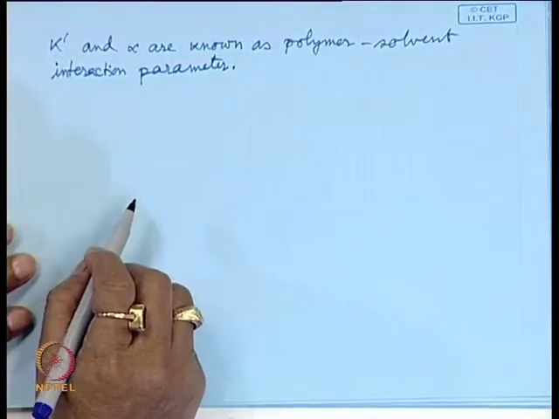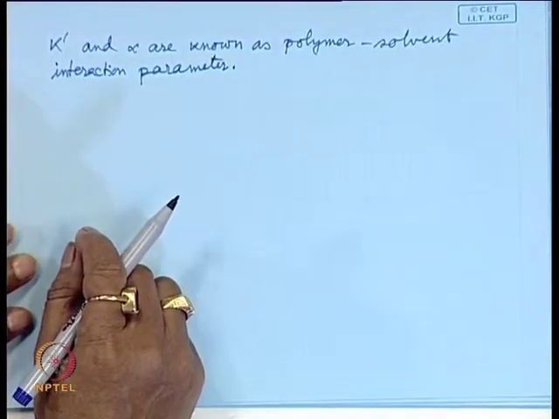What are these polymer solvent interaction parameters? Now, I was telling you in the last class that when you put a solute in a solvent, that solute can enter into solution only when there is an interaction between the solvent and the solute.